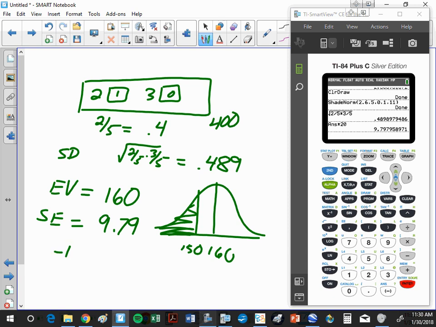So 150 is negative 10 divided by 9.79. Negative 10 because 150 minus 160 is negative 10. Standardize that.